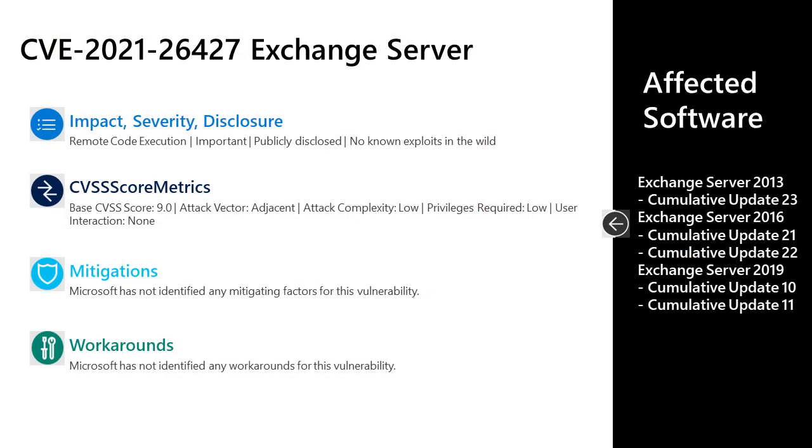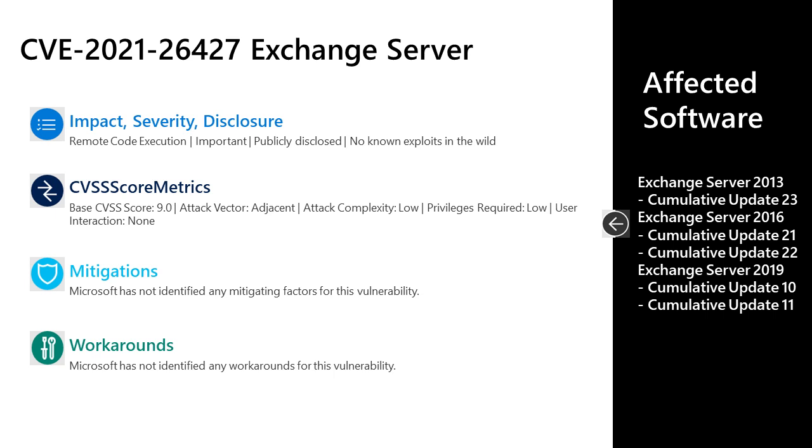The first vulnerability we'll talk about is CVE-2021-26427, a remote code execution vulnerability in Exchange Server. This is an important class vulnerability, not publicly disclosed, nor known to be exploited in the wild. It has the 9.0 out of 10 score, so definitely elevated.